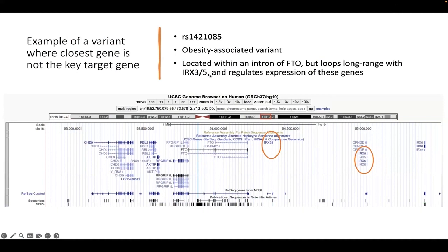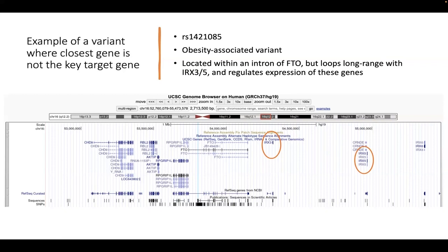It's located in the intron of FTO, and people have constantly done studies on FTO. But recently, there was a really compelling study that showed it had long-range interactions with IRX3 and IRX5, especially through 4C and other Hi-C-related techniques. These genes are very far away. IRX3 here is looped in red, and IRX5 is looped here.